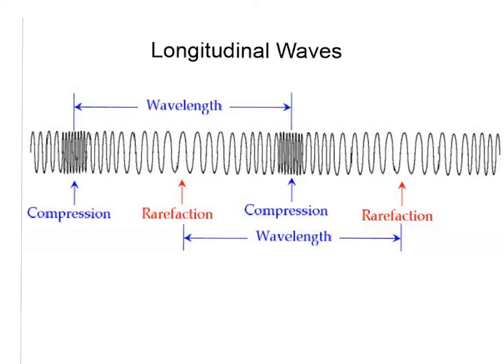Since the wavelength is the distance from one point on a wave to the next point exactly like it, you can see how we could look at wavelength being this long here on a longitudinal wave. If you could find the point here to the point here, that could be a wavelength. This is pretty easy: right in the middle of that compression area to the very center of the next compression area is a pretty easy way to measure wavelength on a longitudinal wave.